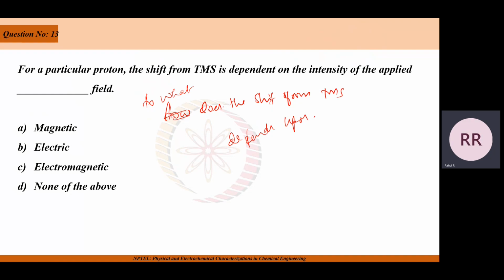This is the question. Some intensity, maybe it can be magnetic, electric, electromagnetic, or none of the above. If its intensity is varied, then that will result in some variation to the shift that actually happens for a particular proton.